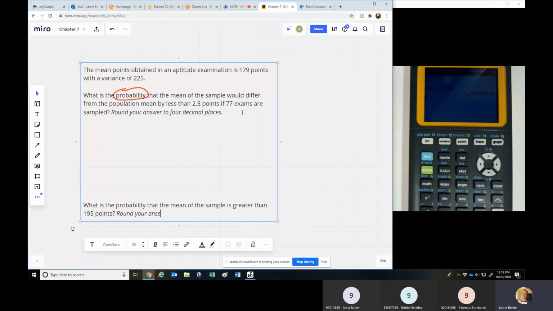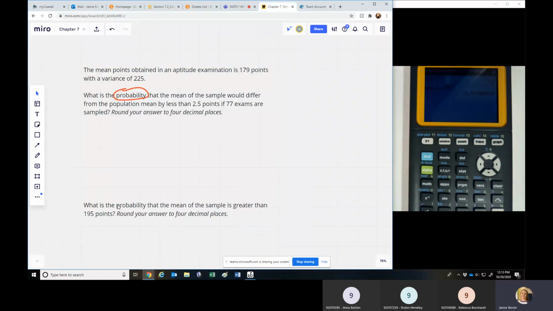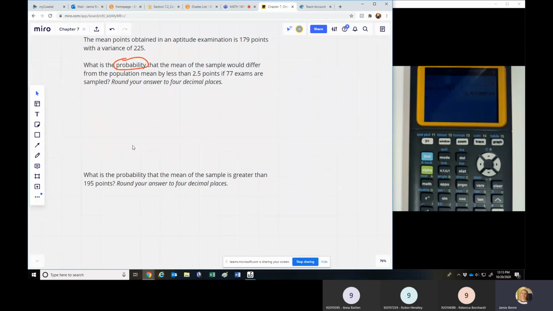Round your answer to 4 decimal places. Okay, so we're going to start by doing this bottom question, and then we'll move back up and do this one at the top, which is a little bit more difficult.